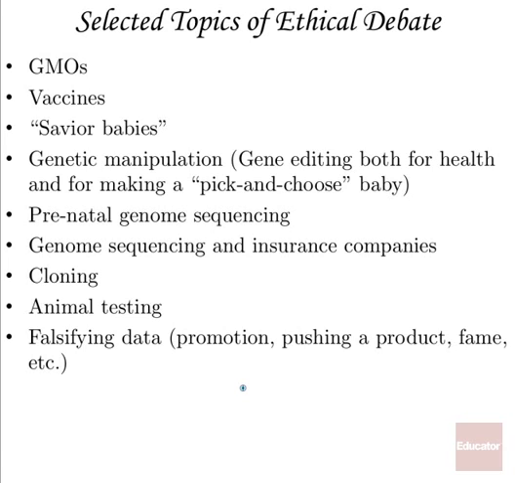There's ethical debate over genetic manipulation. So gene editing for health, you will have people on both sides, as well as the Build-A-Bear type baby. Okay, I want to make my baby blue eyes, 6'5", highly athletic and highly intelligent, right?